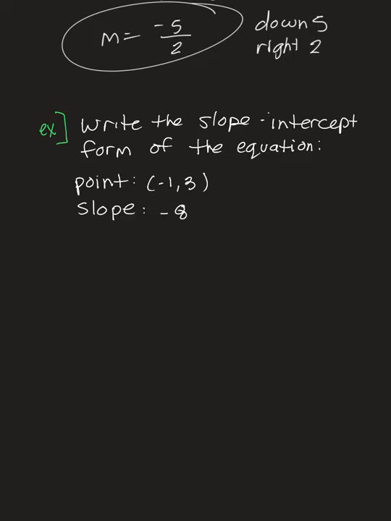So let's recall what slope-intercept form is. It's y equals mx plus b. So that's our goal. The other thing we need to recall is if we have a point and a slope, there is an equation that we can use to get us to the y equals mx plus b form.